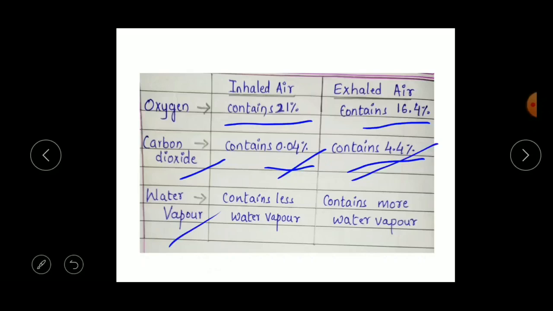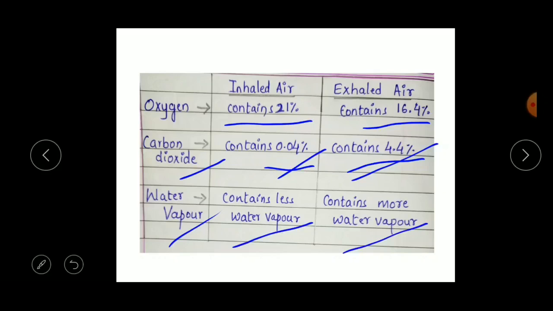Children, you must have also observed that if you exhale on a mirror, a film of moisture, which is nothing but water vapor, appears on its surface. From where do these droplets come? When we inhale, that air contains less water vapor, and when we exhale, the exhaled air contains more water vapor.